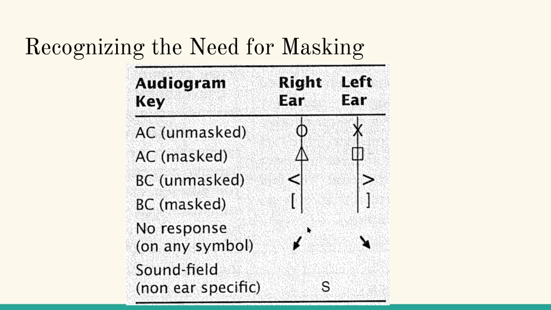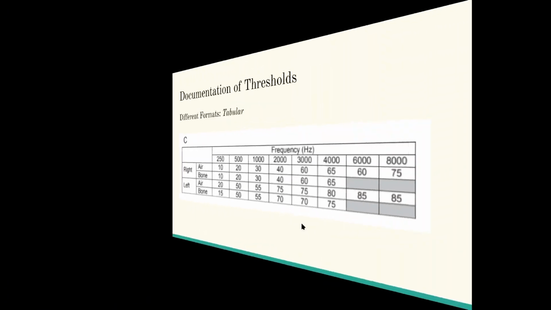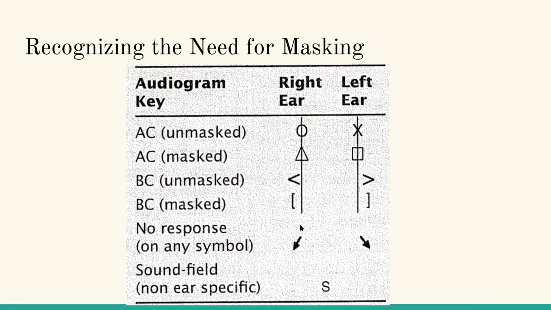Say we had a right ear no response for air conduction. The circle would have the arrow going down to the left attached for the right ear. If it was a left ear air conduction no response, you'd have an X with the arrow going down to the right.